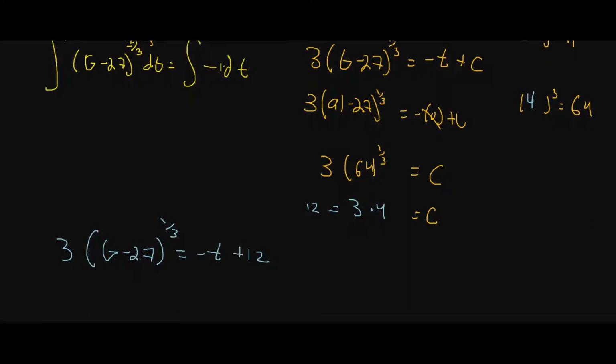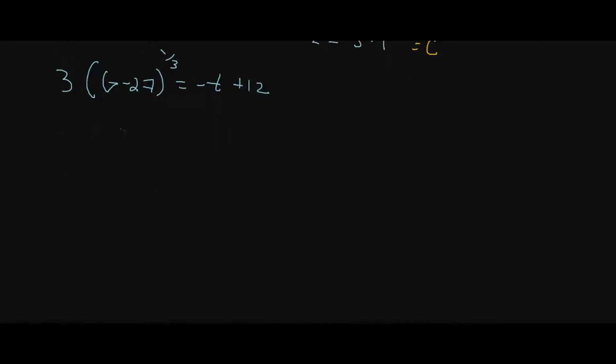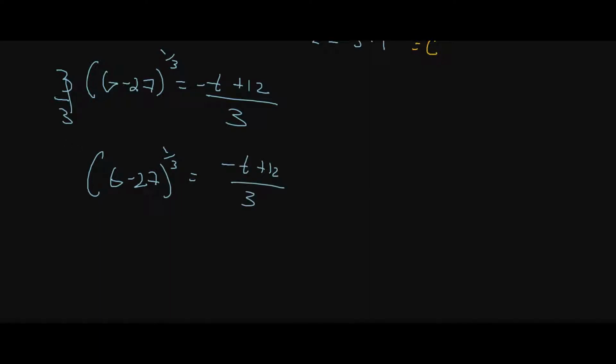There it is. And now we just need to solve for g, right? So let's divide everything by 3 first. We get (g minus 27) to the 1/3 is equal to (negative t plus 12) divided by 3. Let's raise both sides to the power of 3 over 1, which is, in other words, 3.